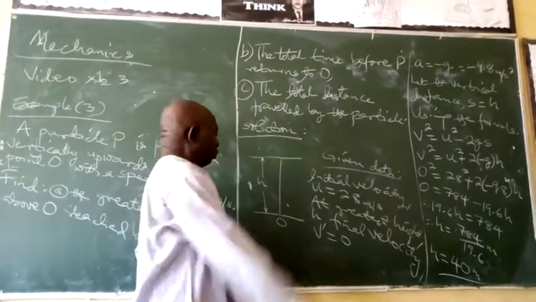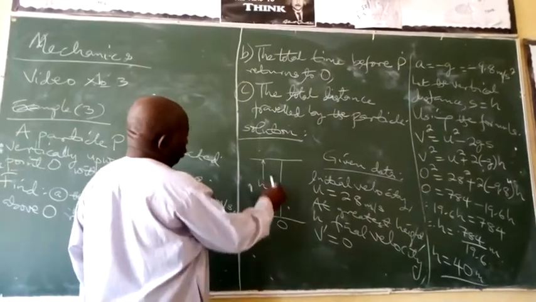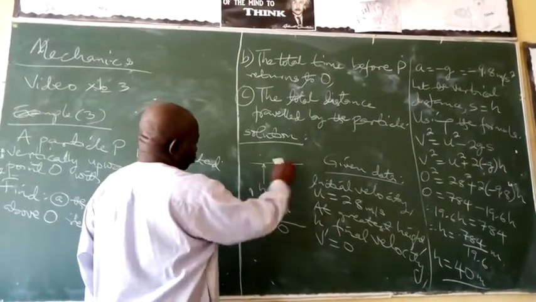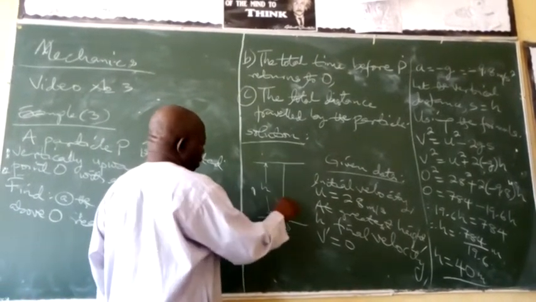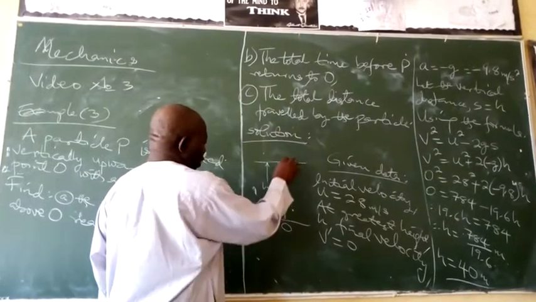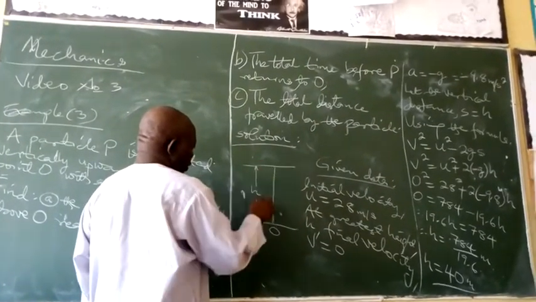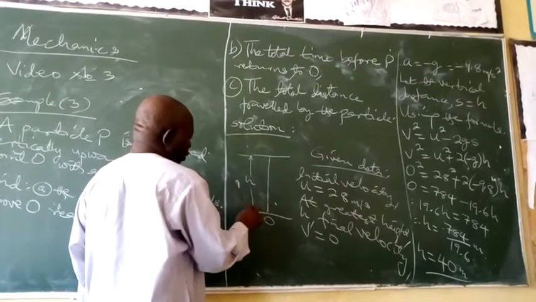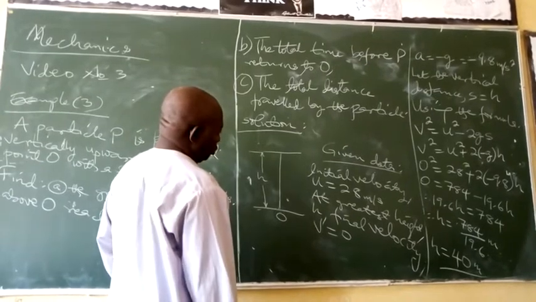Now, solution. So that we can get the picture clear, we can represent the distance traveled by this vertical line. Let the distance between here and this point O be H, which is the greatest height traveled.